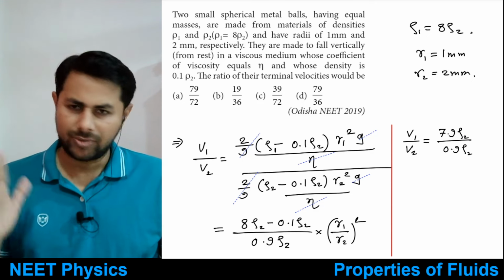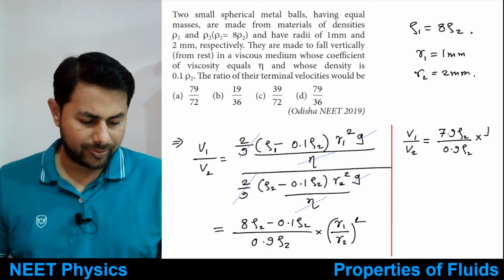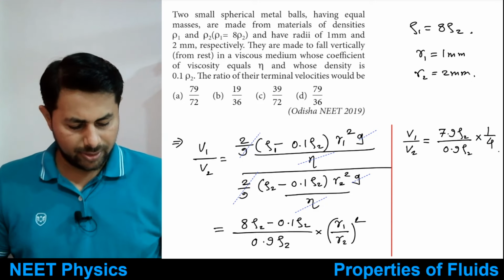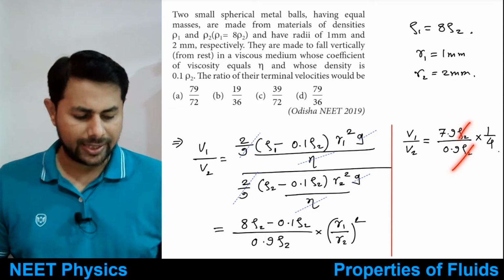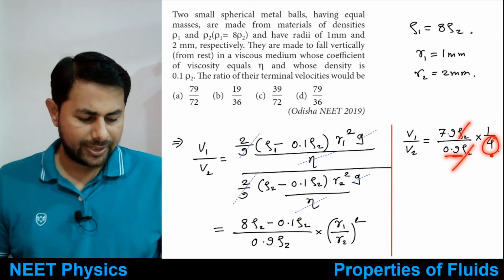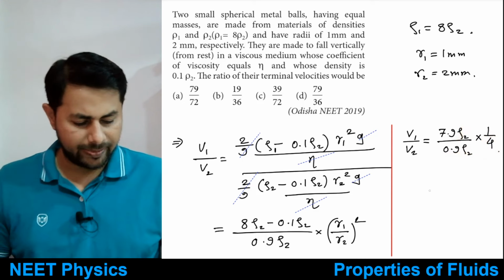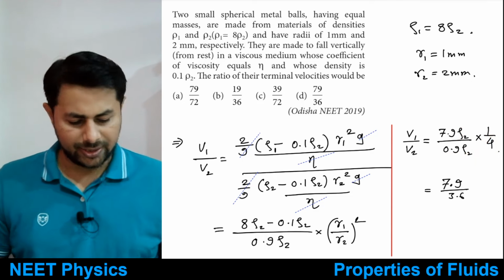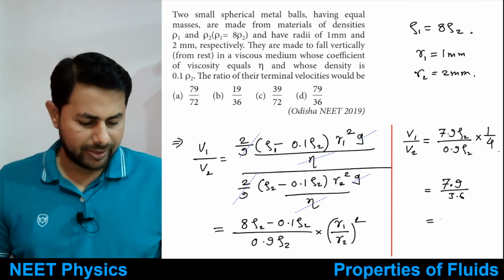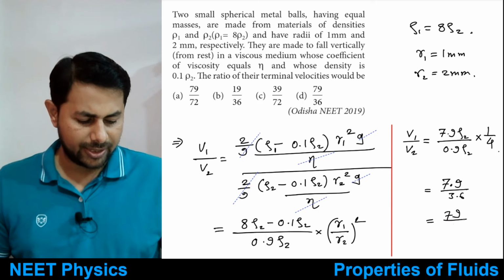So r1 by r2 is 1 by 2, and 1 by 2 square is 1 by 4. So this ρ2 and ρ2 will get cancelled. Multiply this 0.9 by 4, so it is 3.6. 7.9 divided by 3.6 is the answer. That is 79 divided by 36.